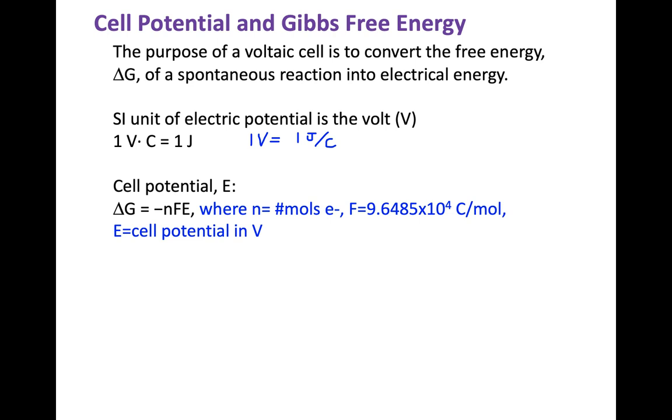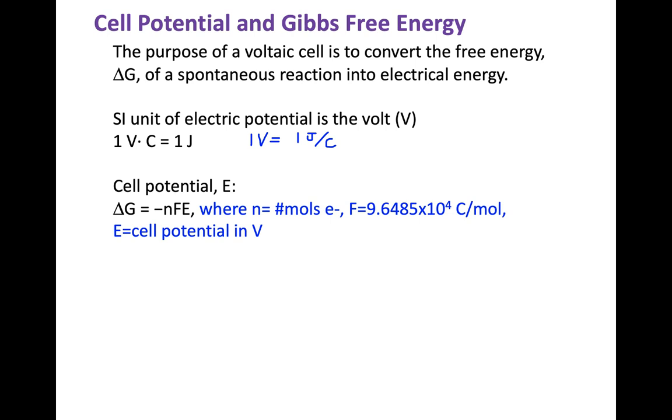So our delta G is equal to the negative nFE, where n is the number of moles of electrons being transferred in our redox reaction. F is Faraday's constant, which is 9.6485 times 10 to the fourth coulombs per mole, and our potential is measured in volts. So we see that if we have all of these together, moles would cancel. Coulombs times volt is equal to a joule. So we get a free energy change in joules.